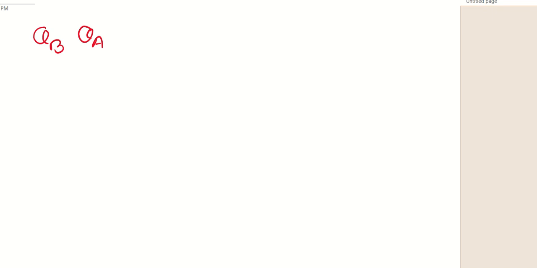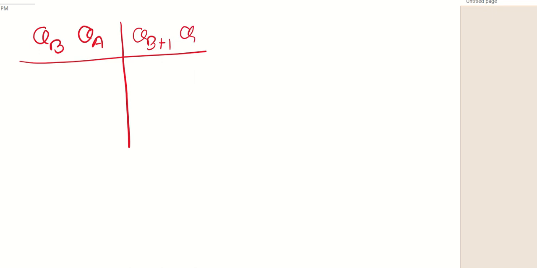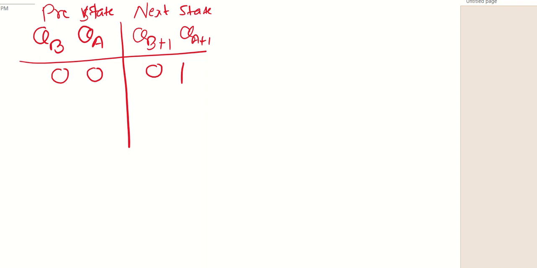So in the previous state and the next state, how will your state table be? This will be your previous state, and this will be your next state. For 0, 0, in the next state it should be 0, 1.